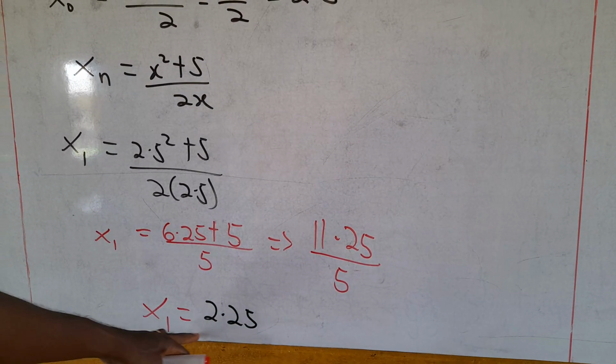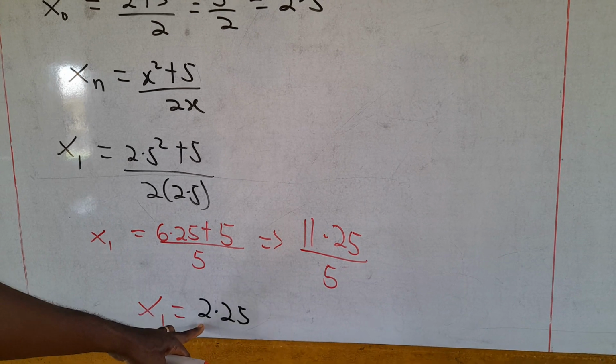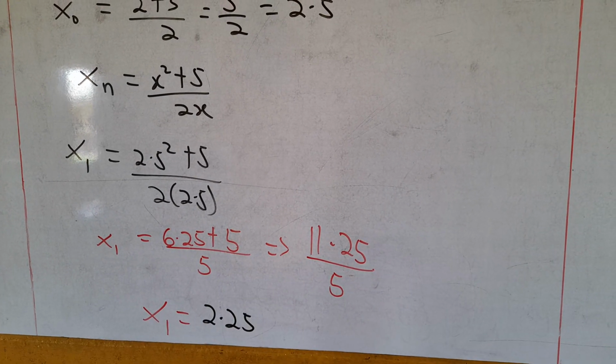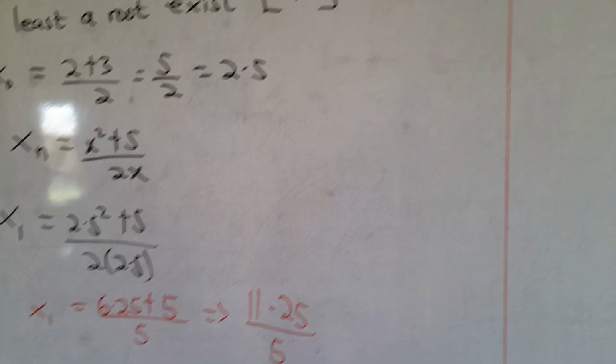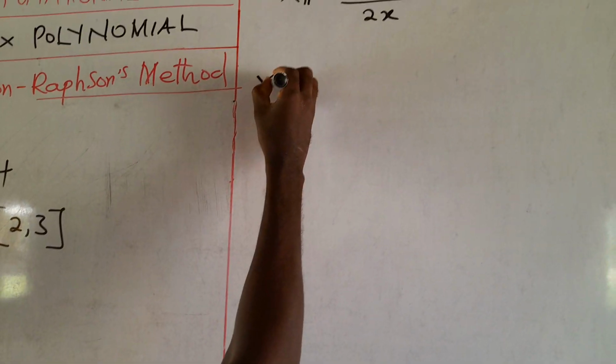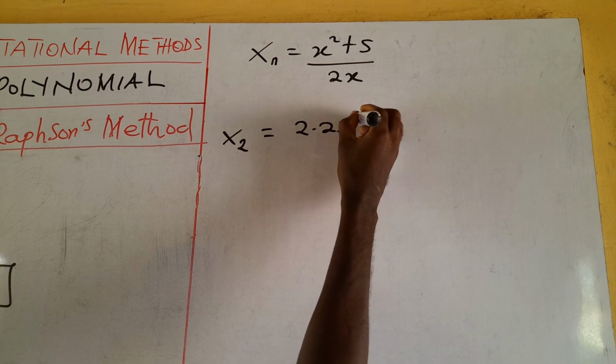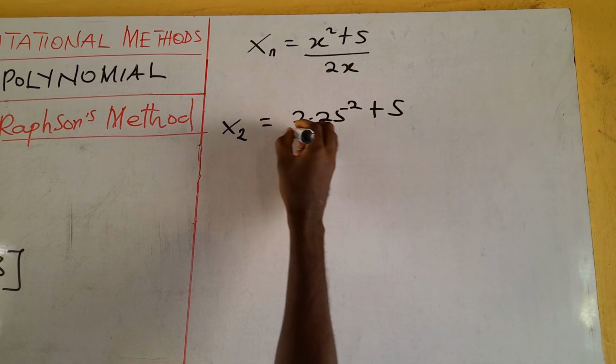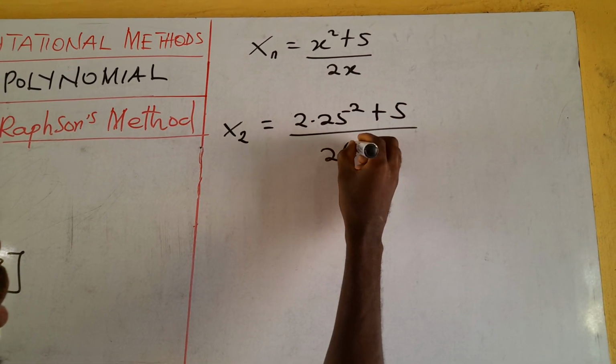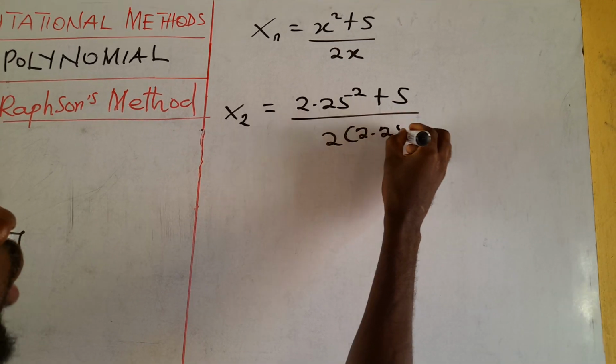Having got our x1 to be 2.25, we substitute the x1 into our Newton's iterative formula to get our x2. So we can say our x2 will be equal to 2.25 squared plus 5 all over 2 times 2.25.